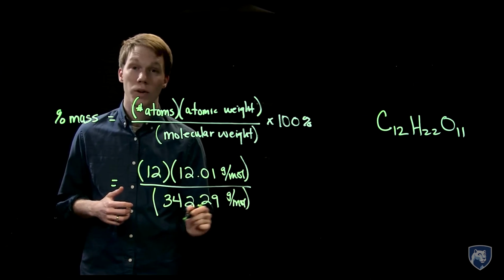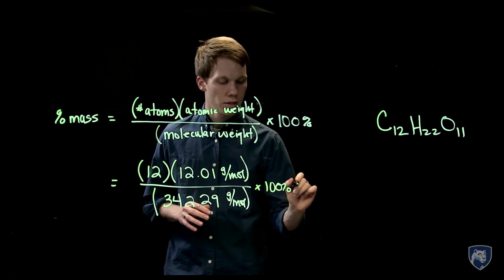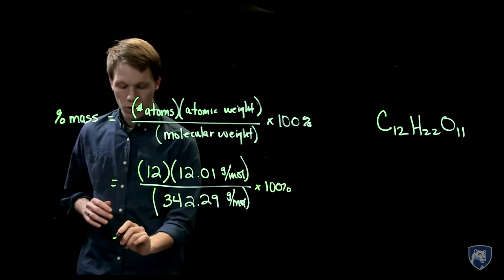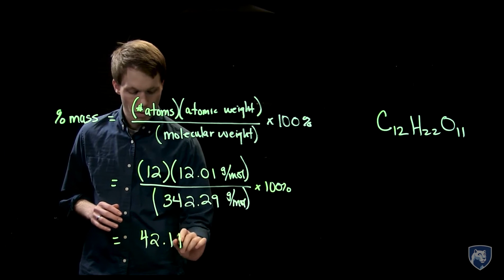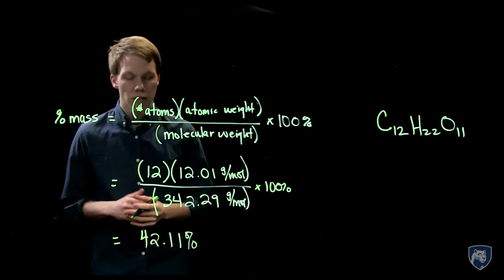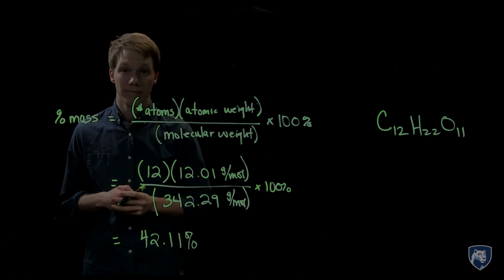You can take my word for it or double check it for yourself. We'll multiply by 100%. This will equal 42.11%. That means 42% of table sugar is carbon.